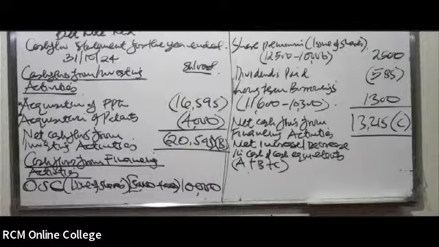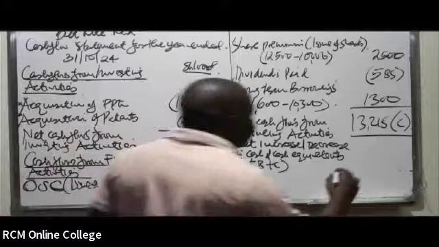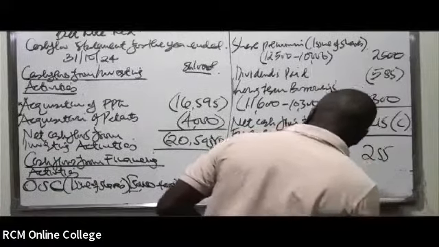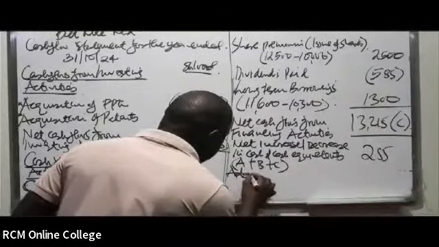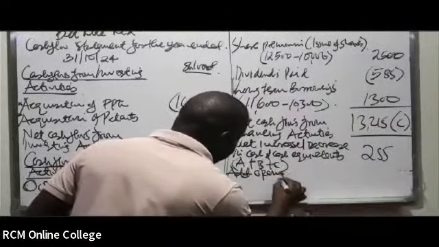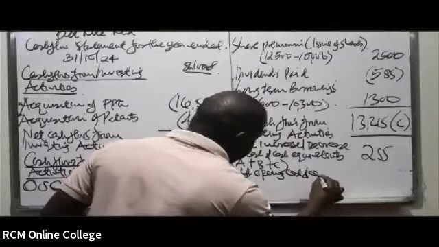I can see a figure of 255. What do we say? We add on the opening cash and cash equivalents.